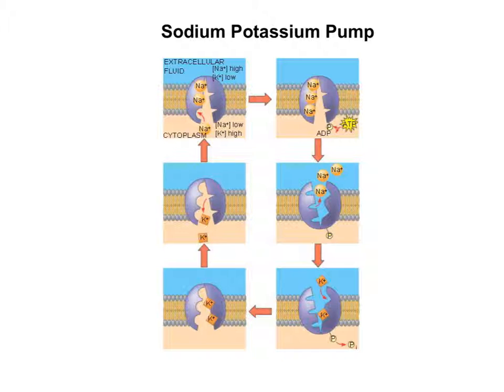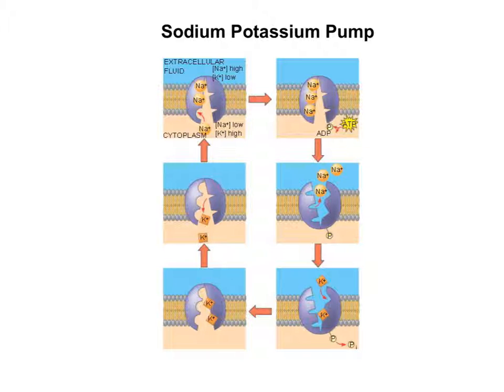So in the second part, the sodium binding stimulates a phosphorylation by the ATP. So the sodium is going to enter the pump and it's going to start to leave. So the third part, potassium is released and sodium sites begin to be receptive again.